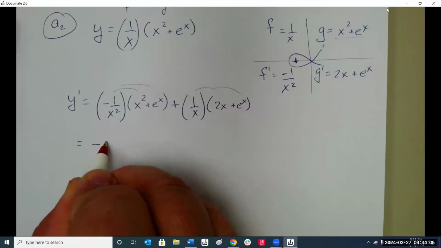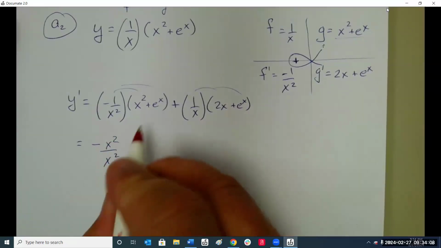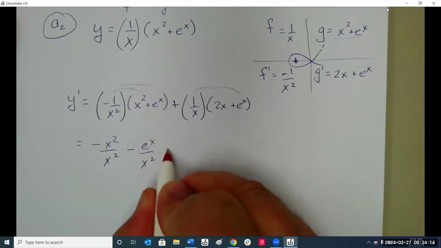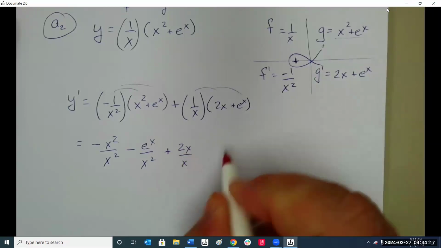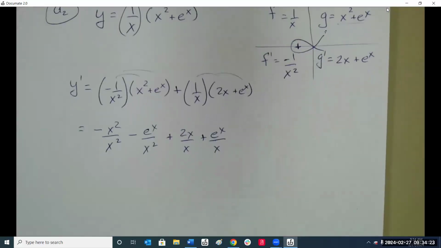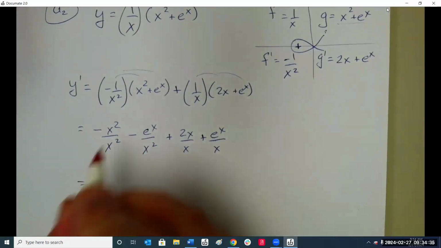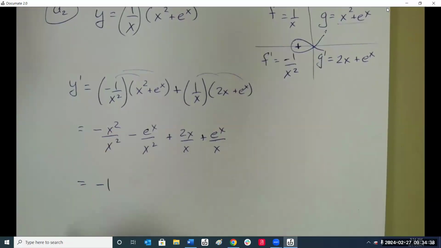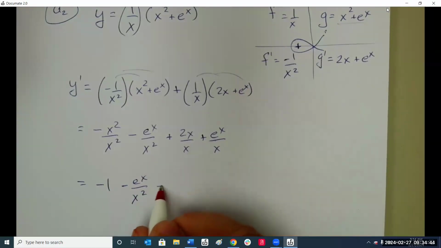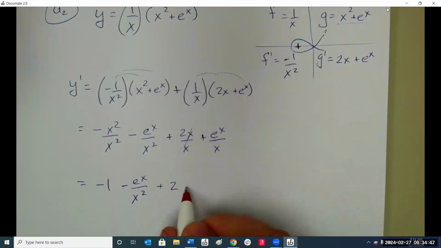So we got negative x squared over x squared minus e to the x over x squared plus 2x over x plus e to the x over x. x squared over x squared becomes negative 1. x is canceled, so we have plus 2.